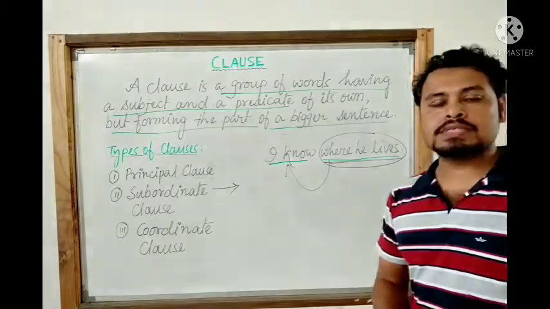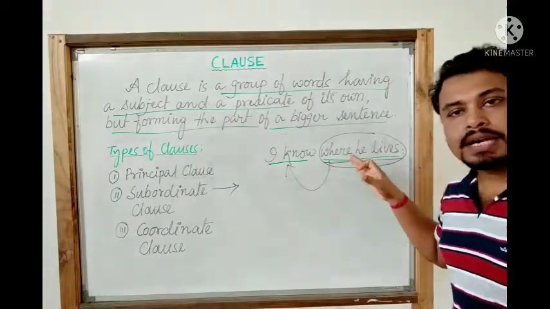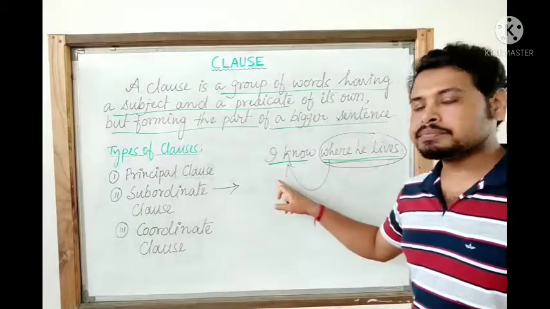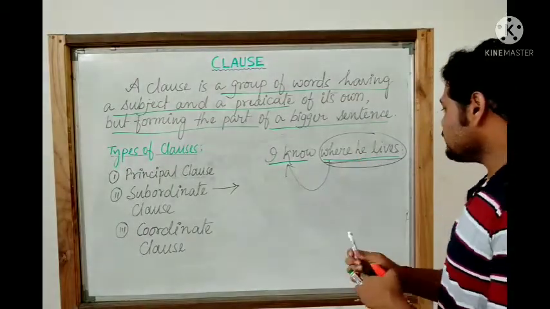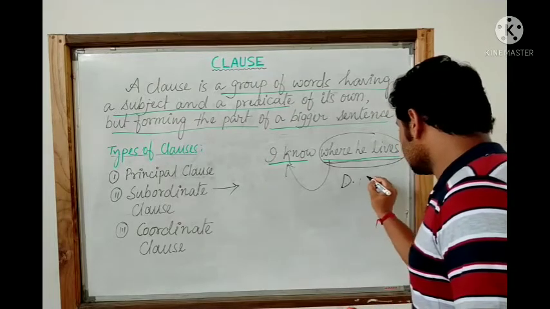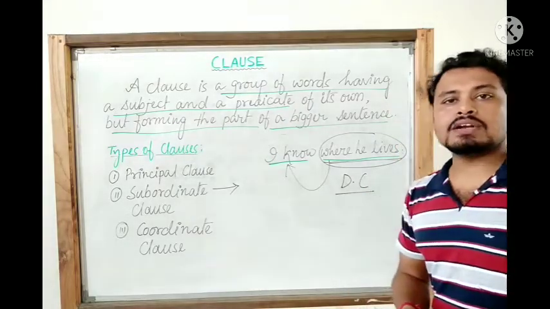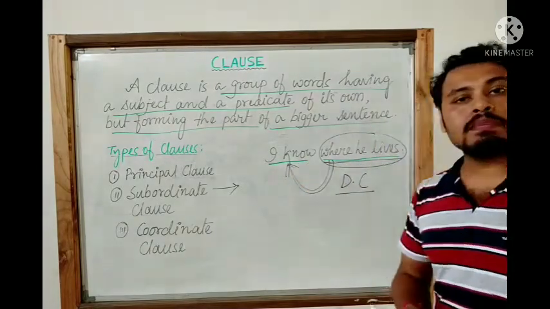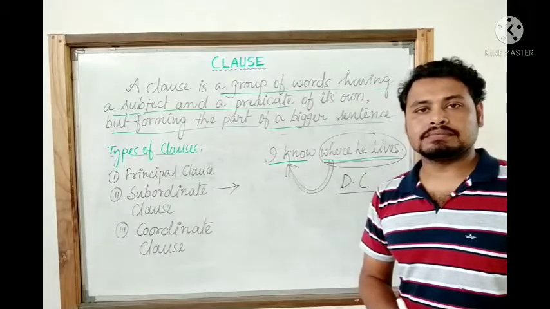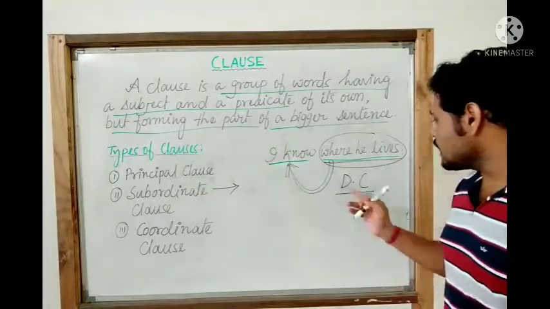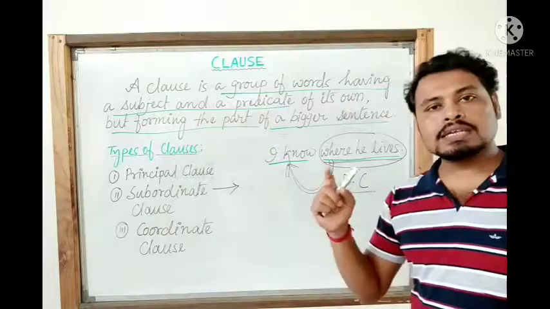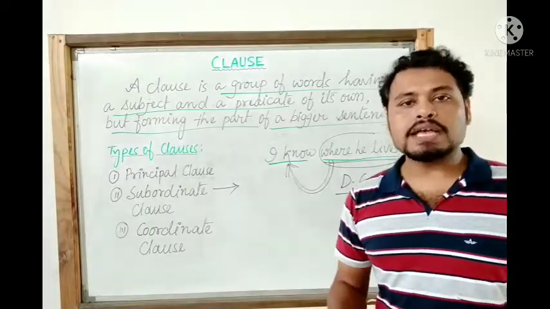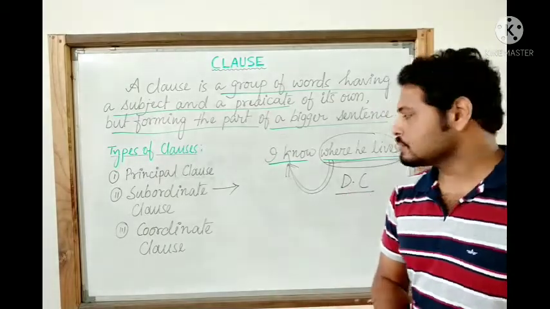I know where he lives. So in order to complete the meaning, this part has to depend on this part. That is why this is a dependent clause. Why? Because it depends on the other part to complete its meaning. So a dependent clause or subordinate clause is that clause that depends on another clause to express its meaning clearly.